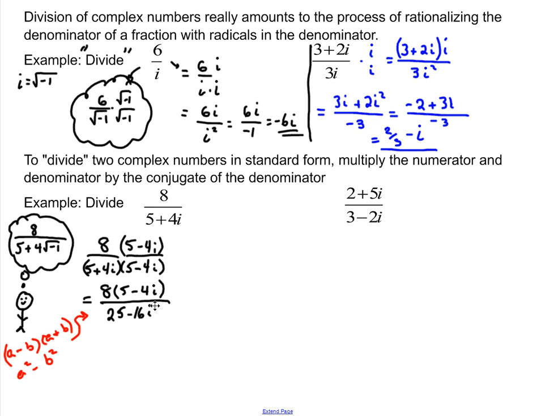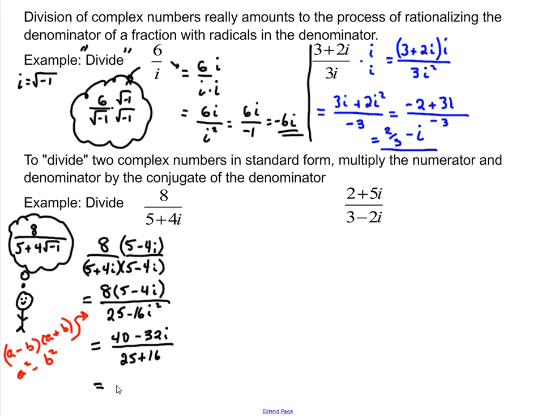That's i squared. So now, if I distribute in my numerator, I'm going to get 40 minus 32 times i in the numerator. While in the denominator, I'm going to take 25 minus 16i squared. That's 25 plus 16. And we know that's going to be 41.